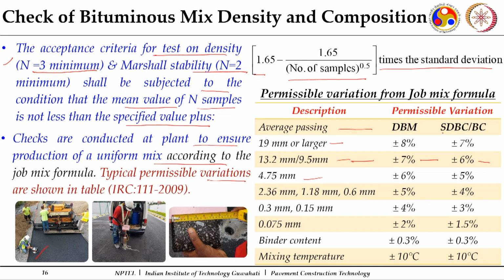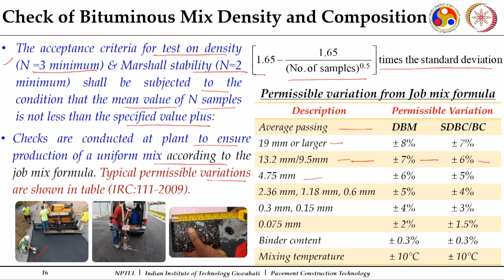So you can see very well for bituminous concrete and semi-dense bituminous concrete, on each sieve these are stricter compared to the one for DBM, which can be used as a base and binder course. As it goes down, specifically for finer materials, the ranges are reduced, so they play a more significant role, and if a small change is there, they affect the performance of your mixes.